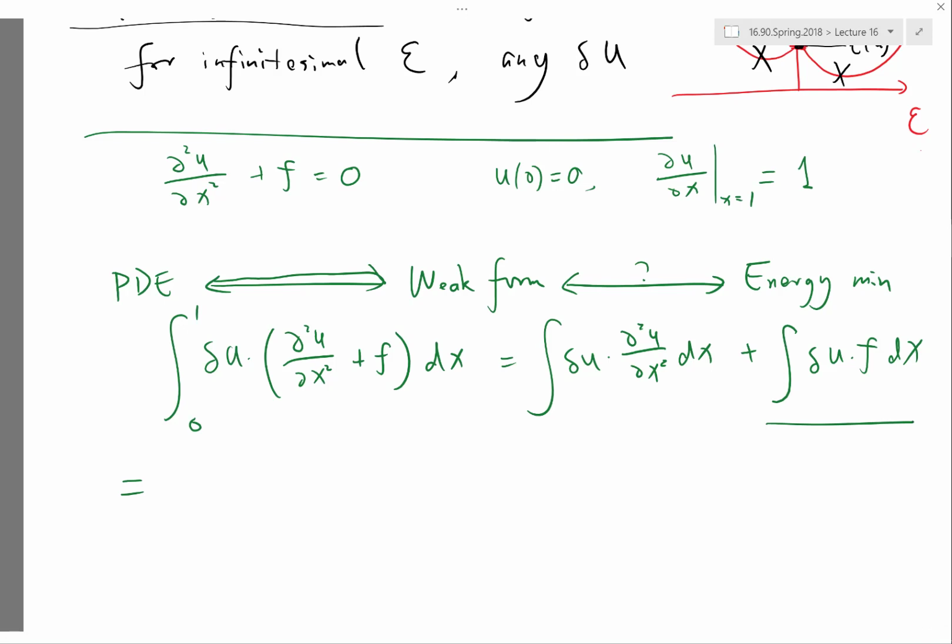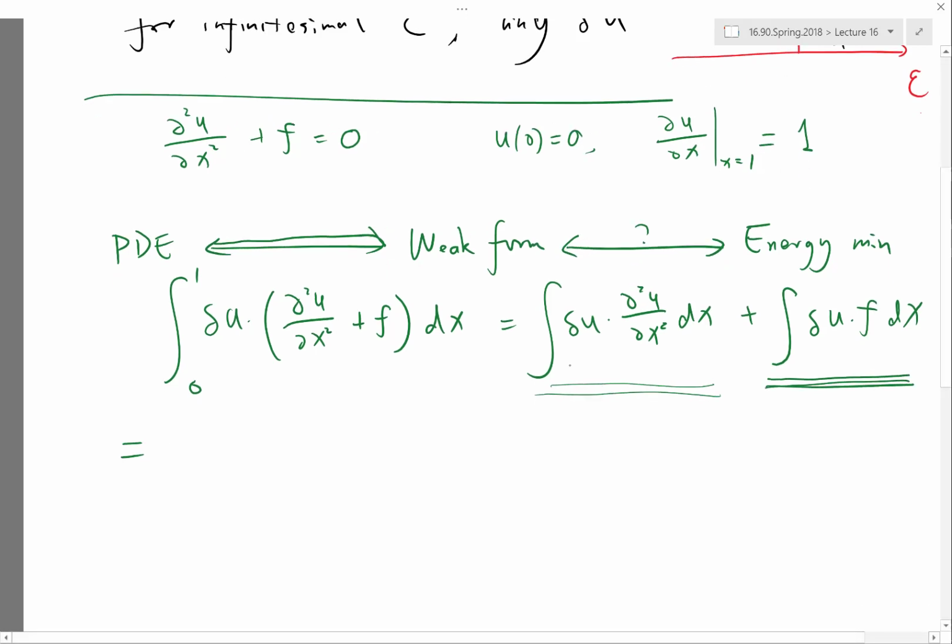Yeah, so this is delta u, not partial u. This is already as weak as it can be because it doesn't require any derivatives on delta u. While here, this term is still stronger than what we'd like because it requires a second derivative on u. So to get rid of this second derivative on u and thereby weaken the formula, we perform what? Taylor series expansion. No, integration by parts.